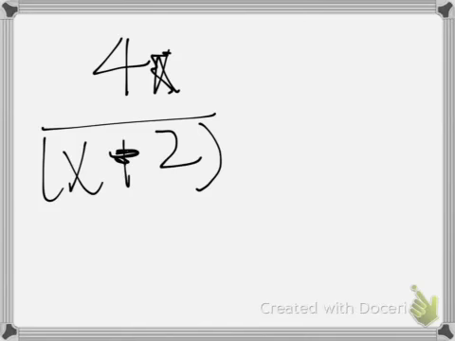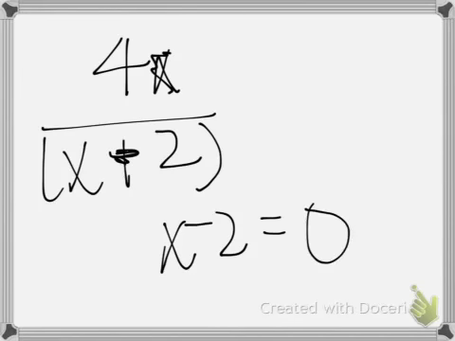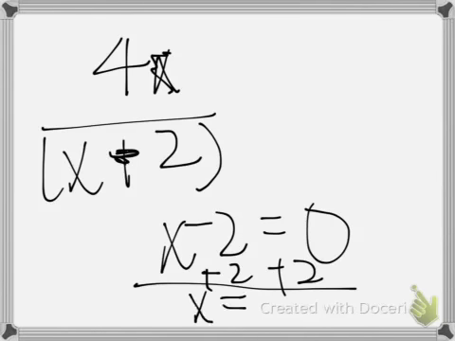All you do is take the denominator, which is x minus 2, and set it equal to 0. So you add 2, x equals 2. So from this you can tell the vertical asymptote is x equals 2.